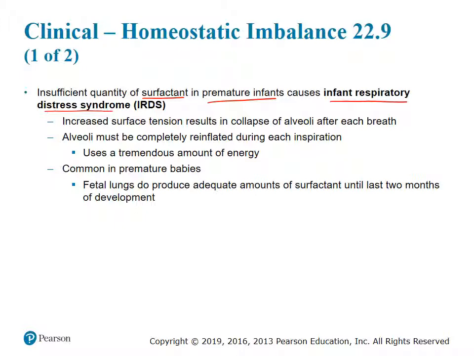The surface tension is obviously increased because there's less surfactant being secreted. This leads to more of a collapse in the alveoli, and then the alveoli must be completely reinflated during each inspiration, and that uses a ton of energy to do that.